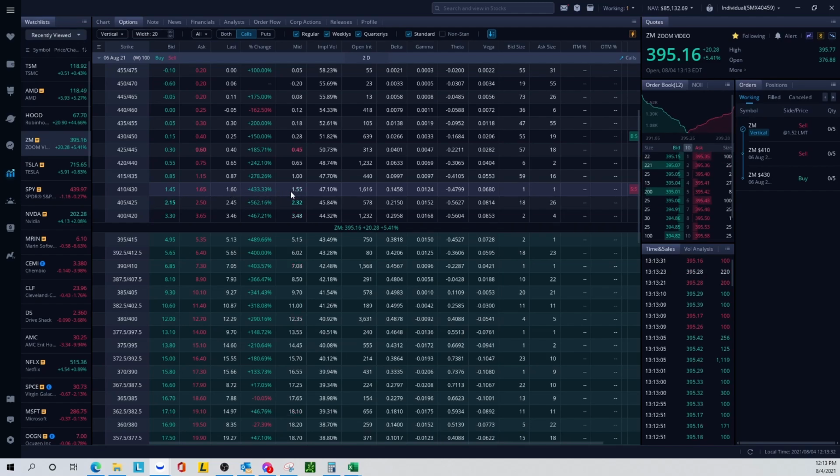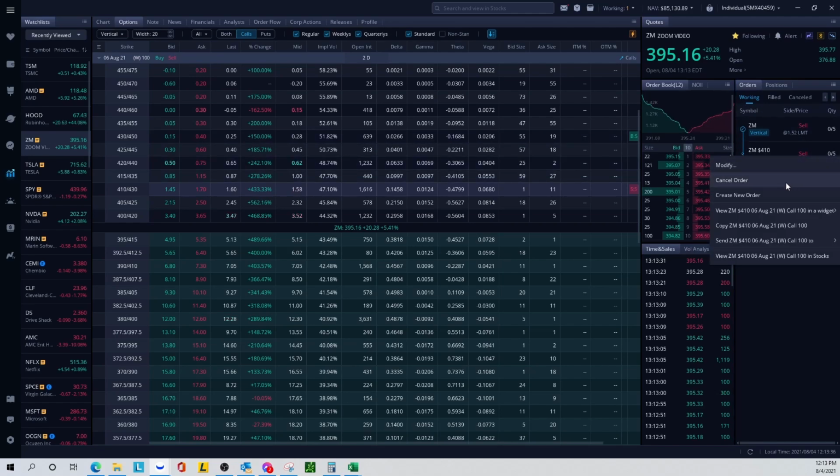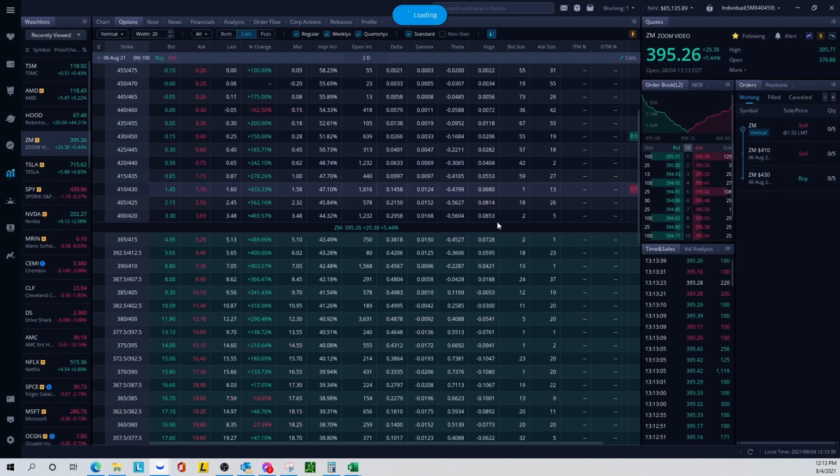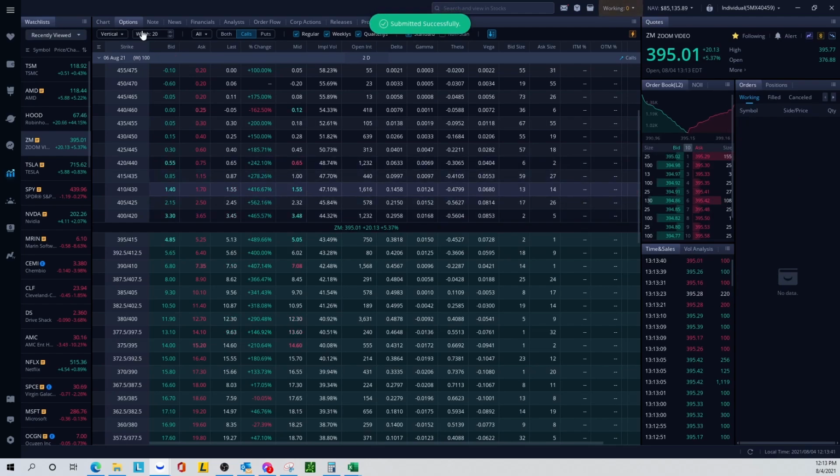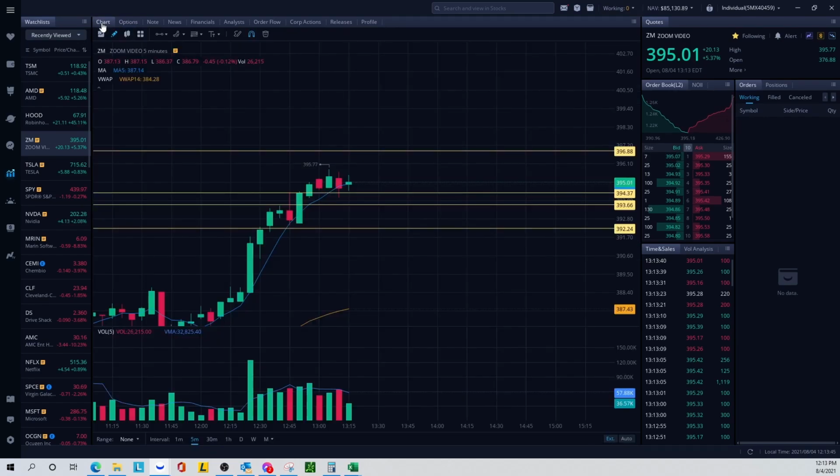So now this is starting to move beyond what I'm asking for, and so I might just cancel this order, because if I go back to the chart, I should see it up more. It's a little bit, but I'm still considering this area resistance.